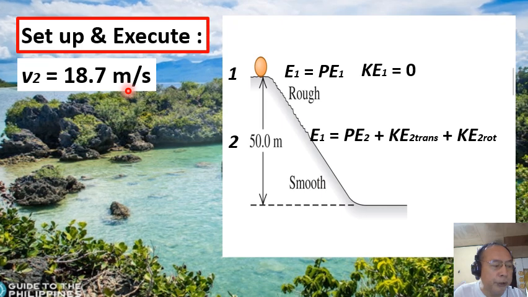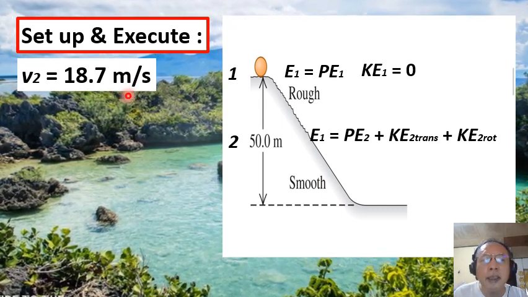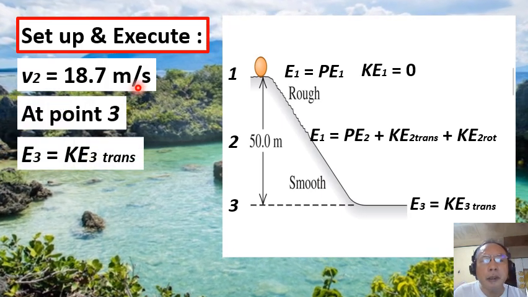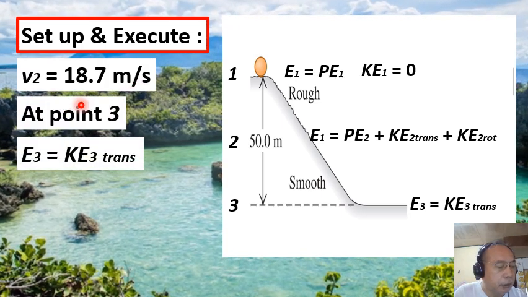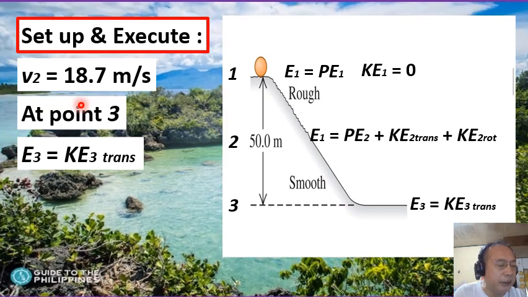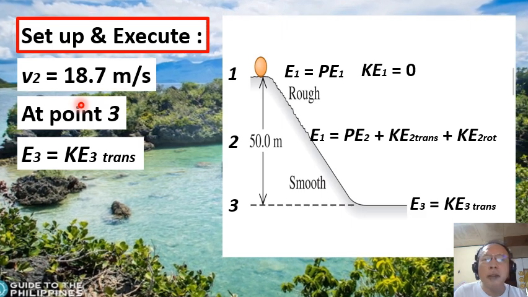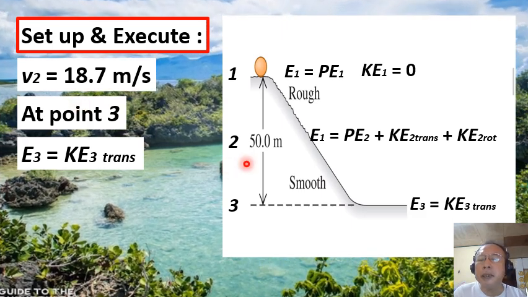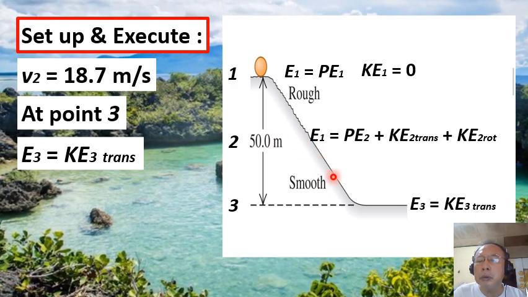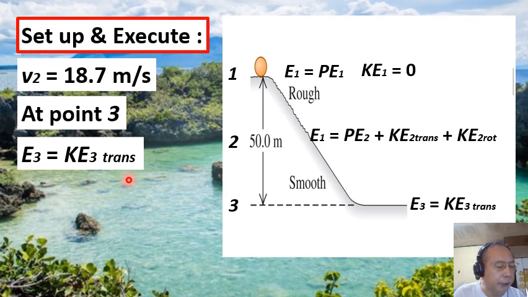From point 2 to point 3, the boulder is now sliding and not rolling, right? Because the lower half of the hill is covered with ice, so there is no friction. The boulder simply slides down from level 2 until it reaches the foot of the hill.